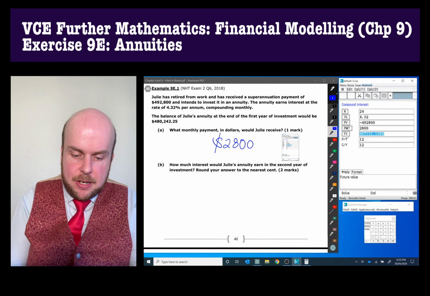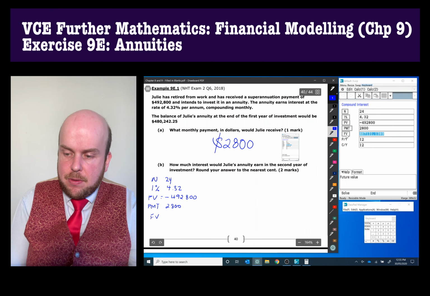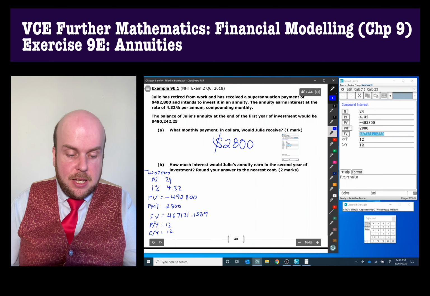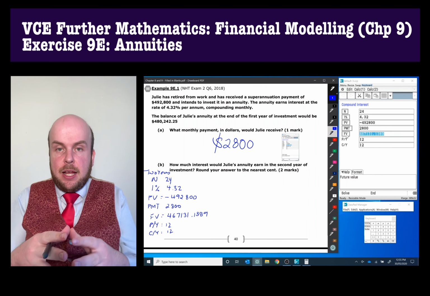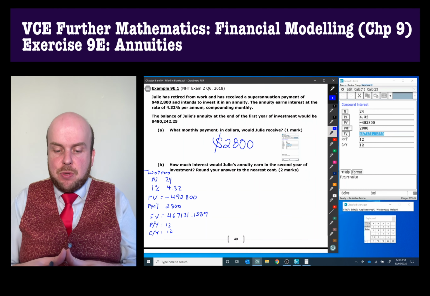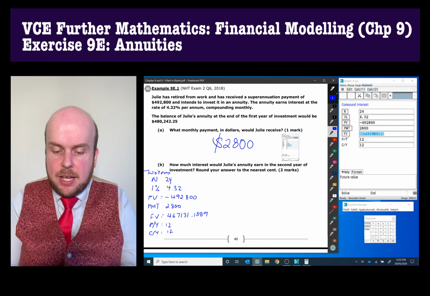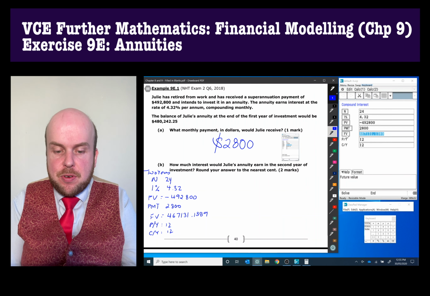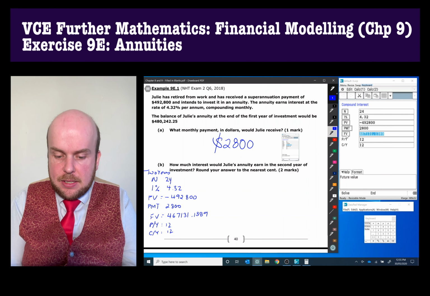So, in fact, I'm just going to jot that down. What we're going to do is find out how much money has changed between the first and second year. At the first year, the balance was $480,242.25.